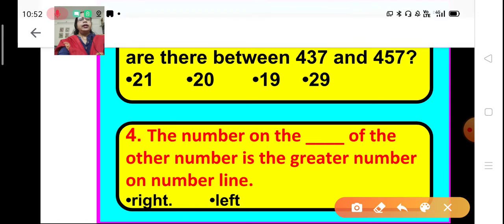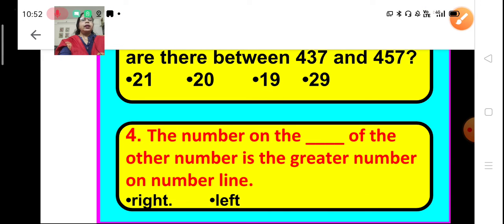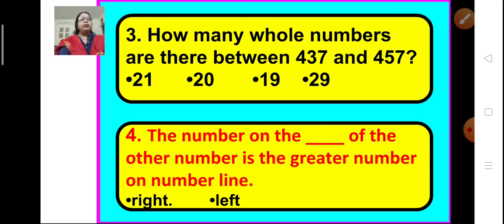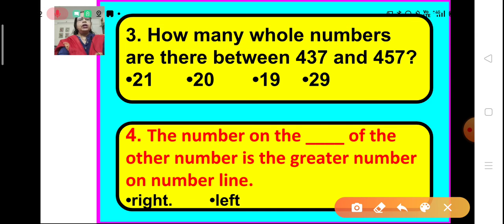It is 19. 19 numbers are there between 437 and 457. Sorry, it is not 19. We have to add 1 to it, and the difference between them is 20. Alright. So, when we subtract 437 from 457, we get 20. So, 20 is the difference.